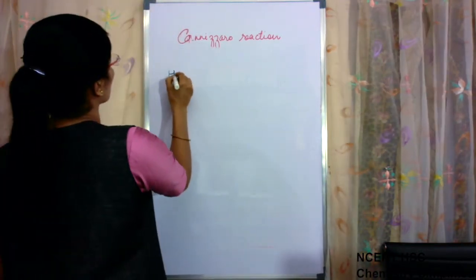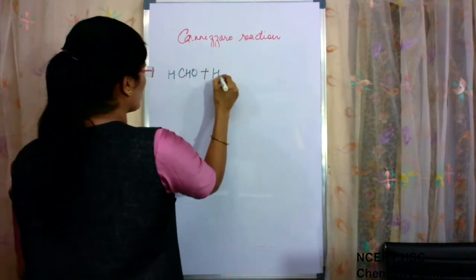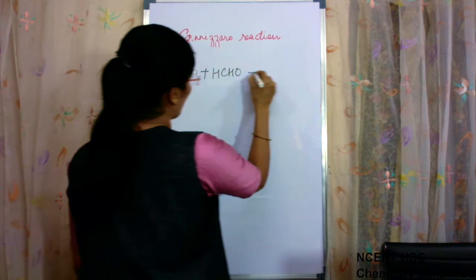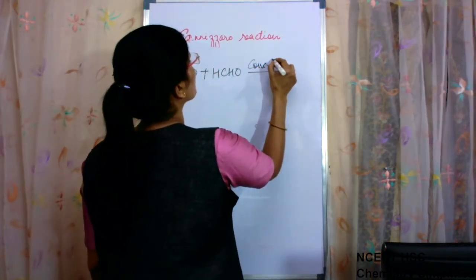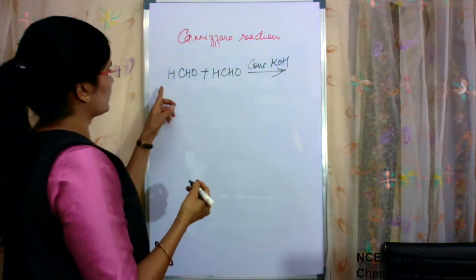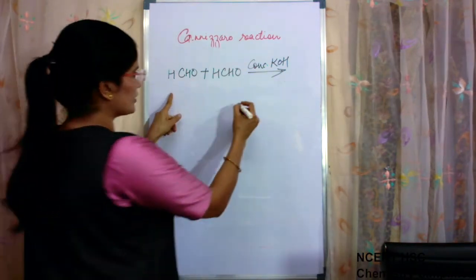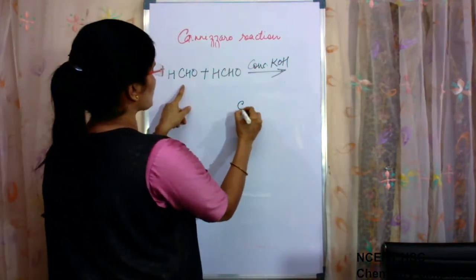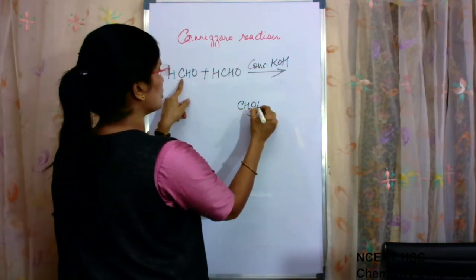So if we take HCHO plus another molecule of HCHO in presence of concentrated KOH alkali, then one molecule undergoes reduction. So aldehydes are reduced to form alcohols. So it will be CH3OH, because one carbon is there.